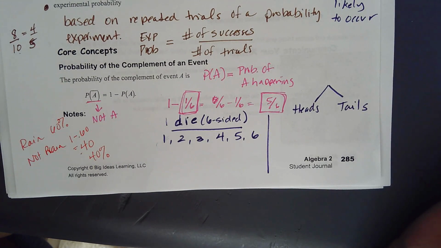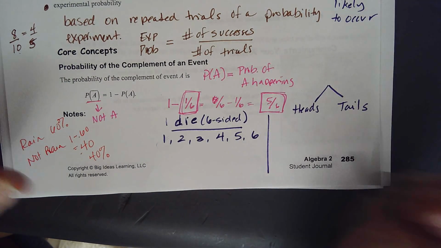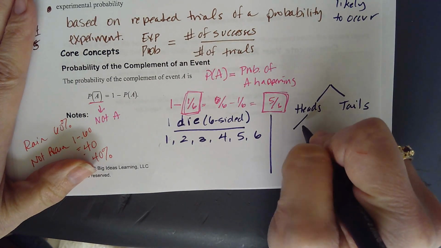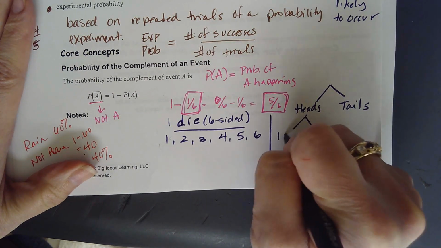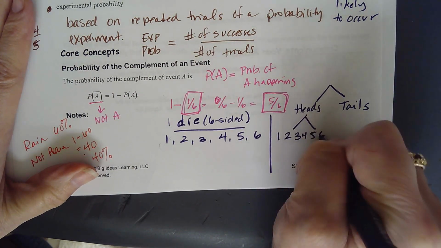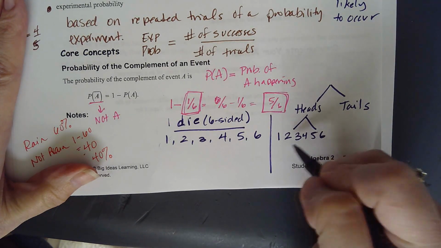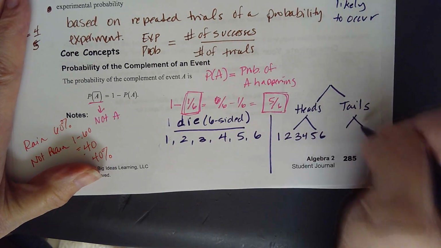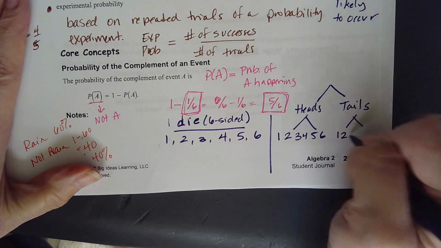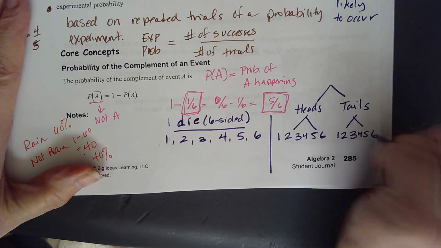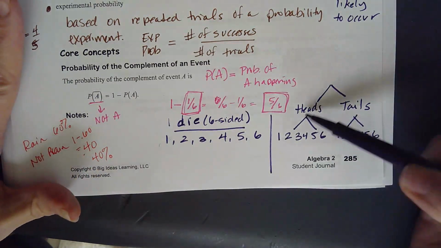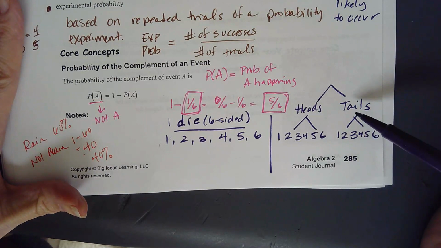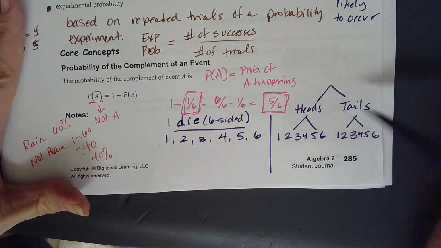Then if I flip a coin and then roll a die, what else do I have? I could get heads, and then I could get 1, 2, 3, 4, 5, 6. Same thing with tails. I could flip a tails, then I could get 1, 2, 3, 4, 5, 6 if I roll a die. So this is our possible outcomes given our scenario.